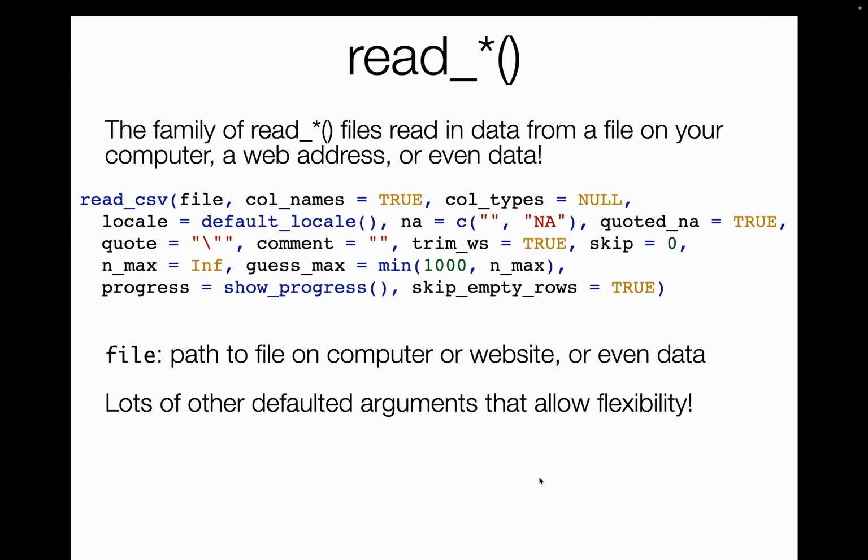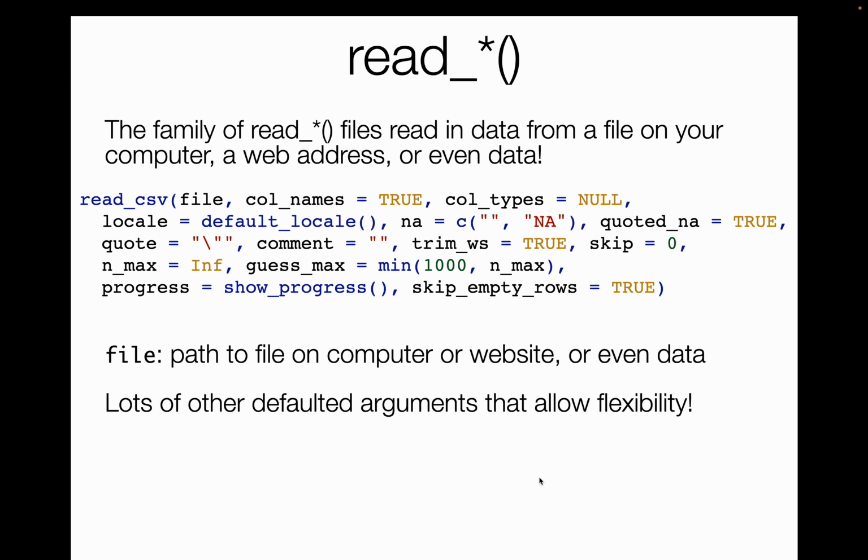So almost all of them are defaulted, except for, of course, the file. And so the file most commonly is going to be a path to the file on your computer. So maybe you just have to put the name, or you might have to put the path to the file. So the hard path to the file somewhere on your computer, or something like that.